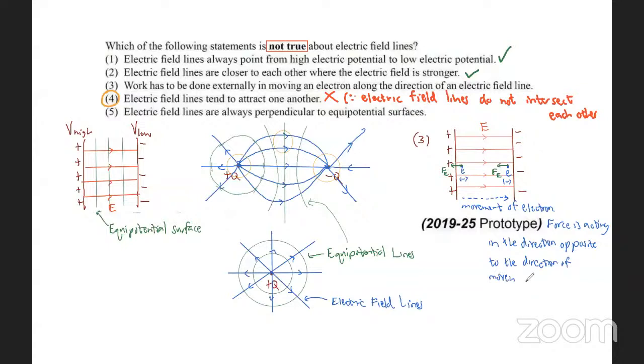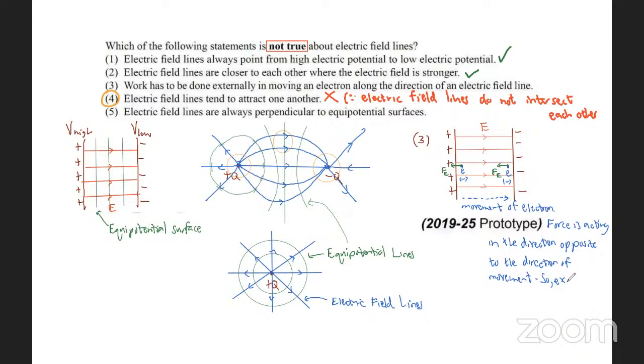So here work cannot be done by the field. The field can only attract it towards the positive plate. If you have to take it from the positive plate to the negative plate, the field will tell you, no, I can't do it, I can only attract it from negative to positive. You have to do it on your own. So we have to somehow make it go from here to here. So external work must be done.